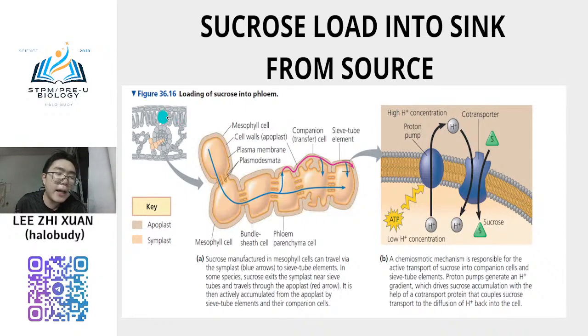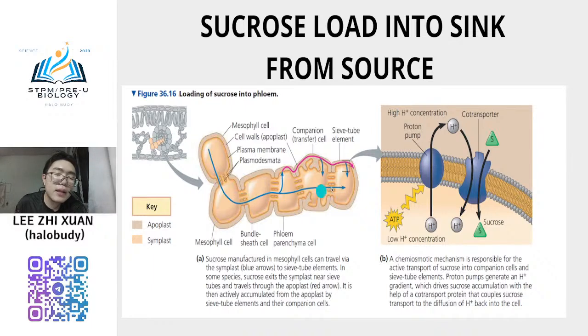They undergo photosynthesis to produce organic nutrients, and all of it is later transported into the phloem sieve tube. This diagram shows how sucrose is transported from the mesophyll cell into the leaf phloem tube.